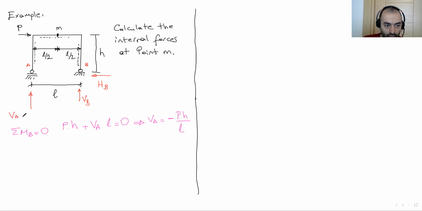VA equals minus PH over L. Okay, and if we do the same thing for point A, MA equals 0: VB times L minus P times H equals 0.